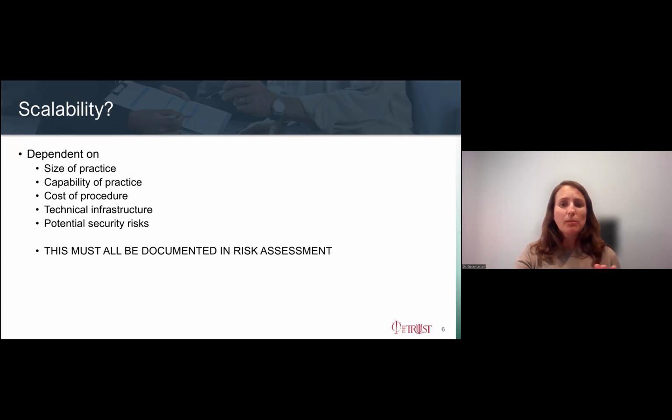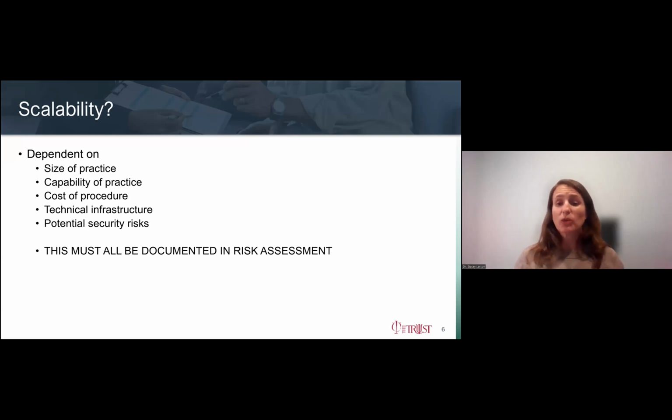So when we talk about scalability, you should be able to fit the security rule to your needs, whether you have a small office or a large clinic. It really emphasizes trying to be reasonable and appropriate. The security rule specifically provides factors to be considered when determining which measures to use. Those factors are the size of the practice, like I mentioned earlier, if you have one provider versus 10 providers, or one provider with 3 staff members.